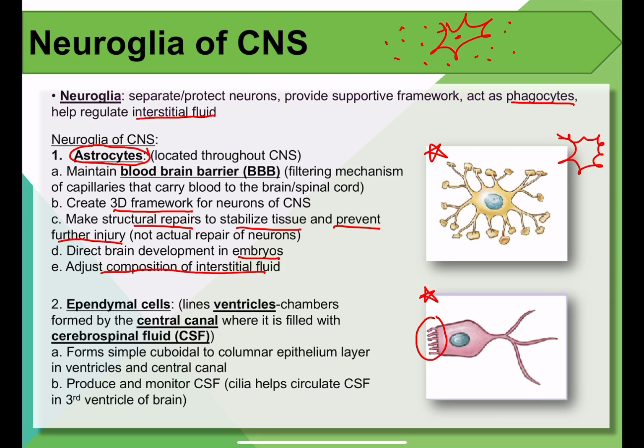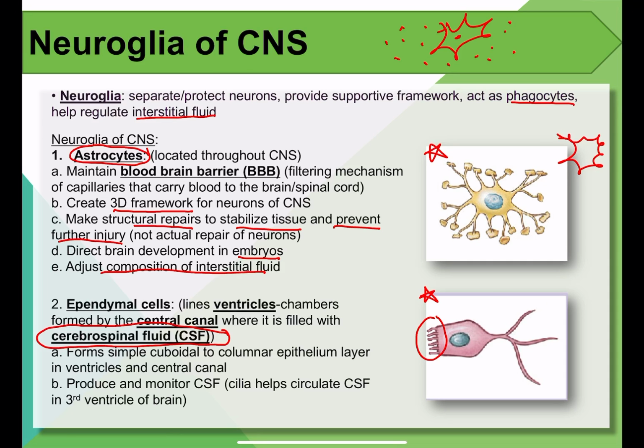Remember we talked about cilia. What are cilia important for? They're important for movement of fluids around the cells. So these are the cells responsible for producing and moving the fluid within the nervous system, called the cerebrospinal fluid, abbreviated CSF.